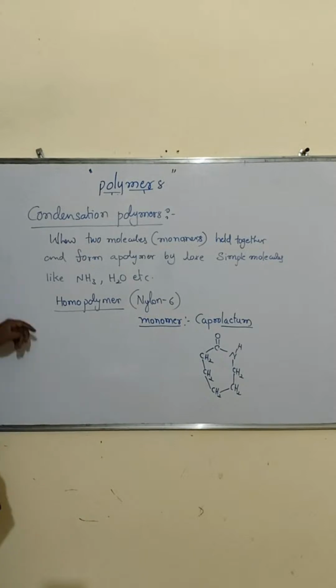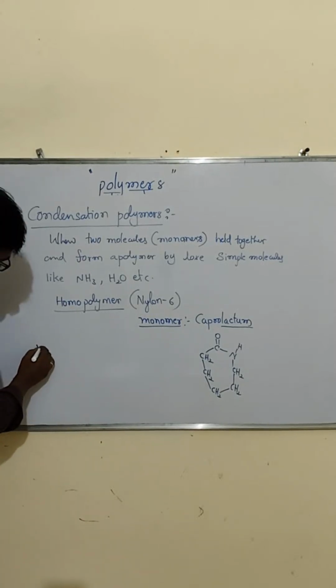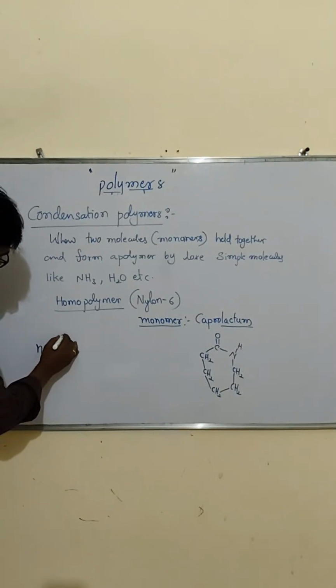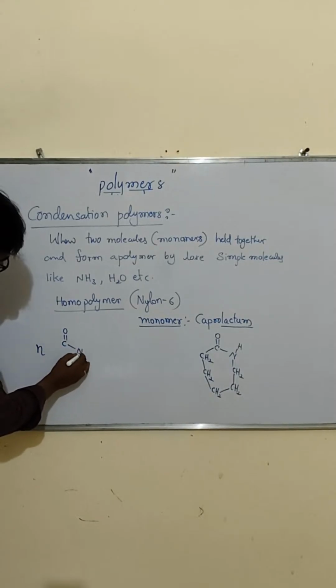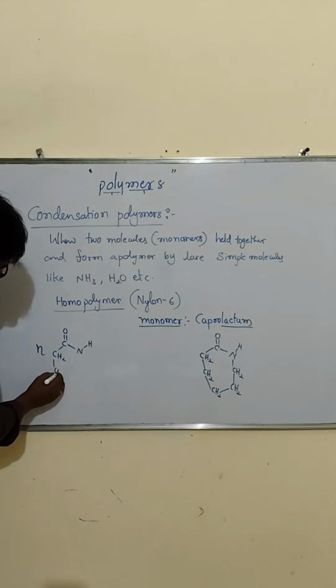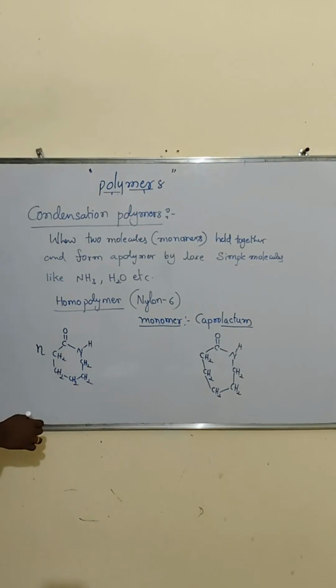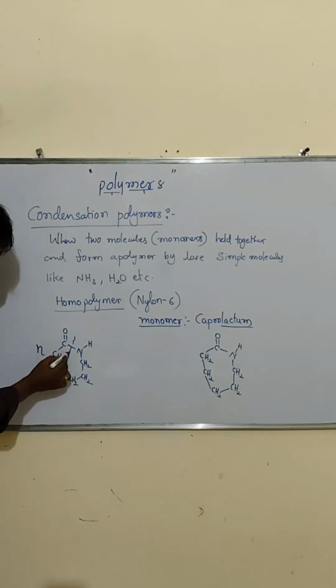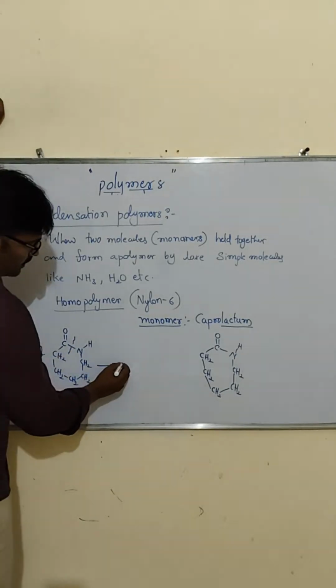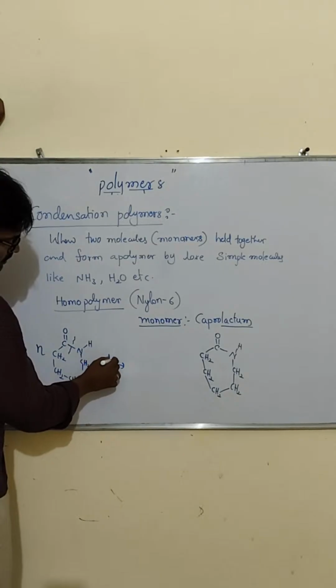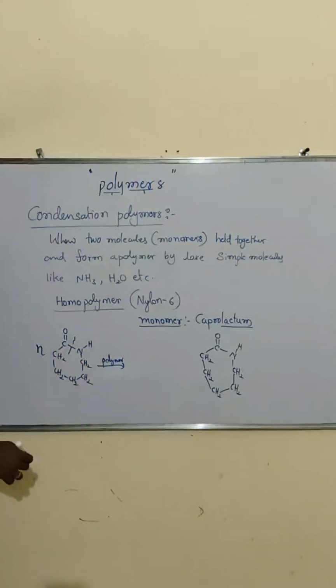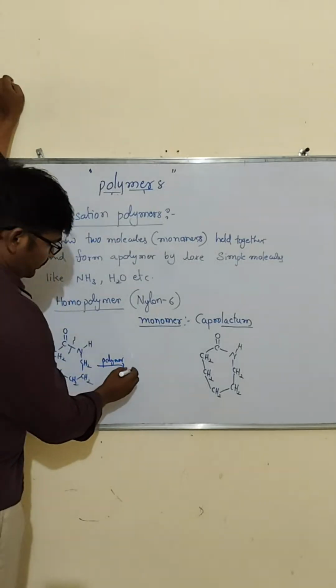So caprolactam అనే molecule, so n number of caprolactams. So how will it be? Caprolactam structure: C double bond O NH, then CH2, CH2, CH2, CH2, and 1 2 3 4, then final CH2 bond NH. Then it will break here, ikkada break avutundi, when polymerization is going on. What will be formed?